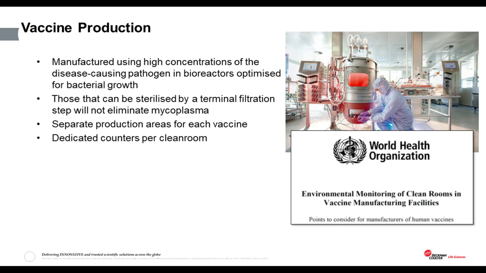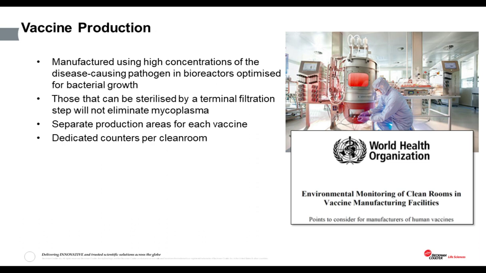This gives the manufacturer additional challenges over and above the other manufacturers of injectable sterile drugs, small molecule drugs that is, because extra care must be taken to avoid contaminating bacteria from the production staff from getting into the bioreactors. And at the same time, great care must be taken not to allow any of the pathogen itself from cross-contaminating other products manufactured in the same facility.